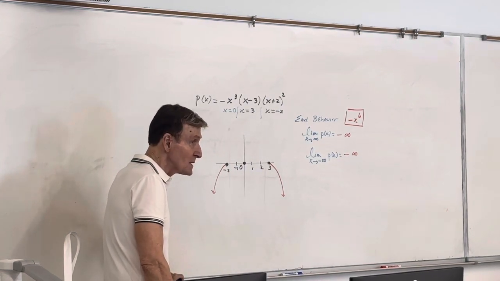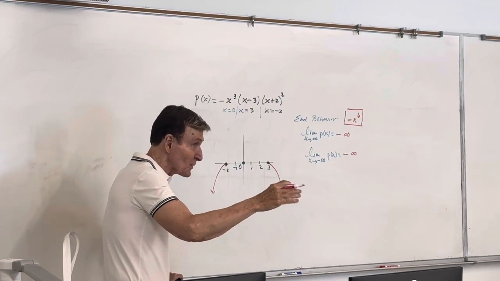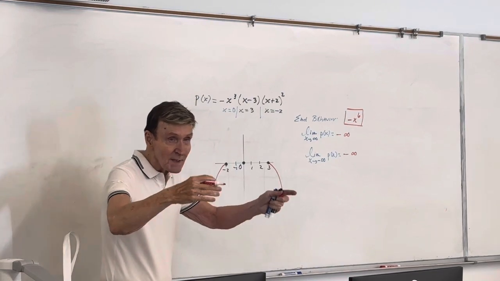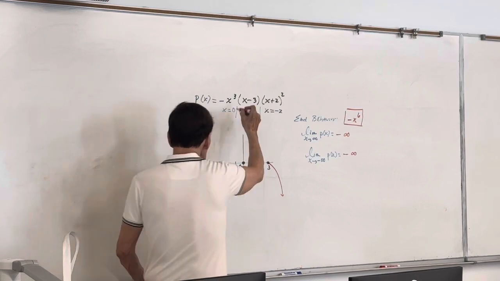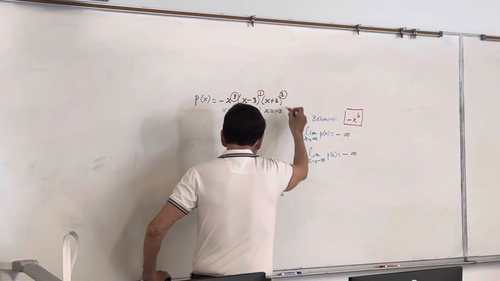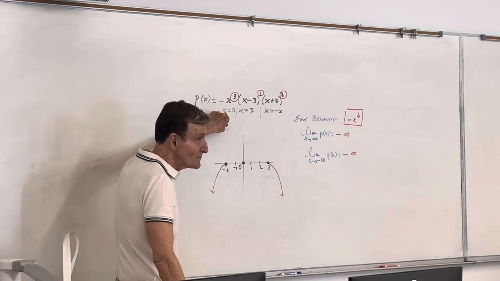Now, the rest of this should be easy. You got to keep in mind, you may plot a few points. I think I gave a table there to make the graph look a little better. But guys, I now need to consider the cross and the touch. And all that depends on the outside exponents. This one gave me a 0, the x cubed.